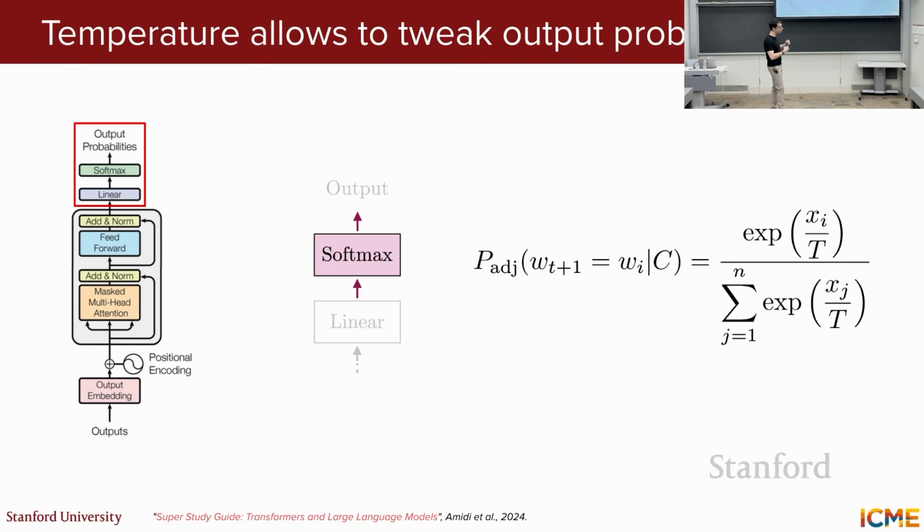And in order to compute the probabilities, this is the formula that you would use, which is the softmax layer.